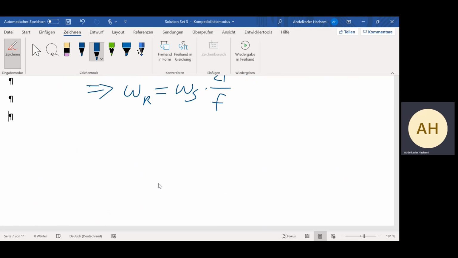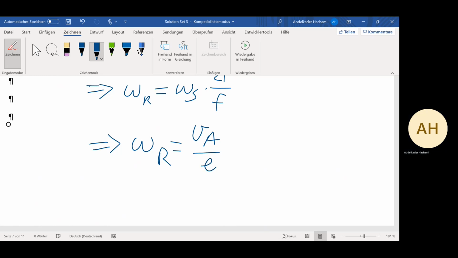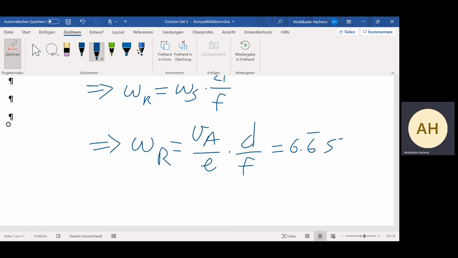Then we get here now VB, omega r, it's equal to VR as we defined omega s, we replace it by the definition VR divided by E, multiplied by D divided by F. And this gives 6.6 S minus 1.